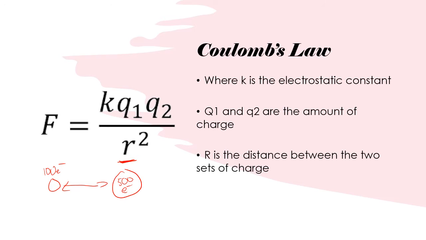Again, we're not going to worry about actually calculating what this F is. When you get into AP Physics, you'll need to do that. But for now, you should be fine with just understanding that as the amount of charge increases, the force is going to increase. As the distance increases, the force is going to drop, but not just linearly. Again, that square term is going to be the key there.